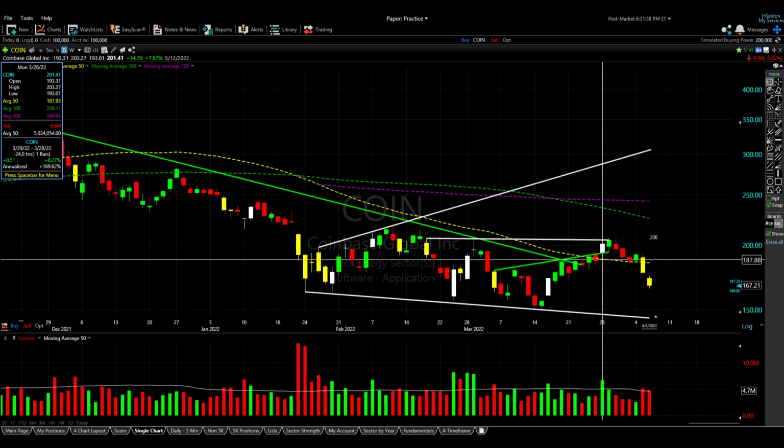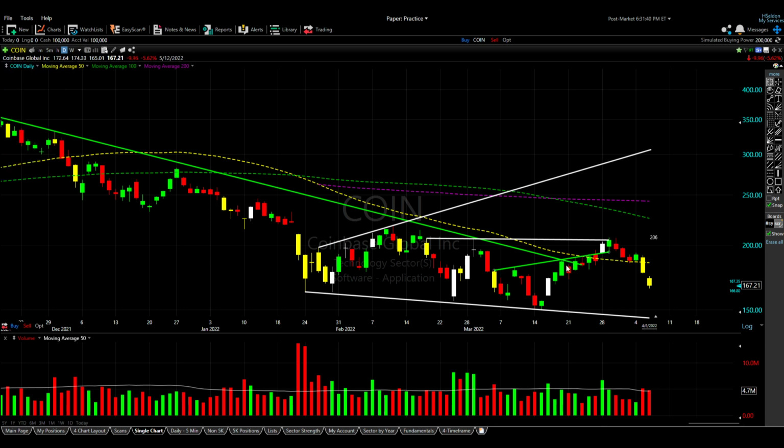Down here, we have another line at around 187, another cross, and we can see that did act as some support. In fact, it was right up until yesterday, and then it broke it.